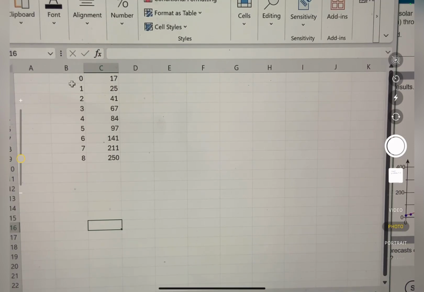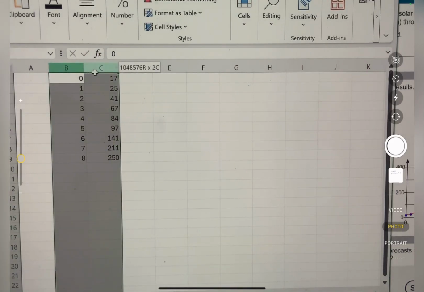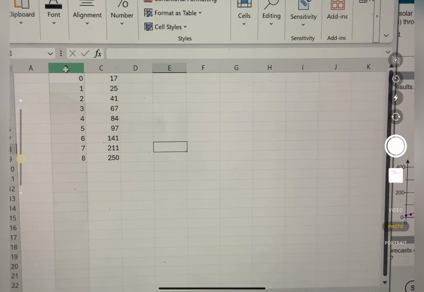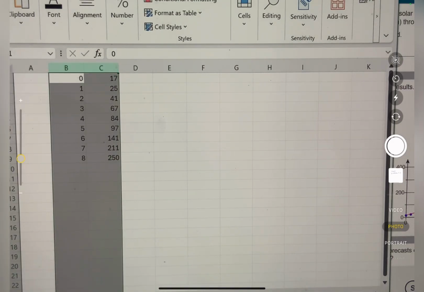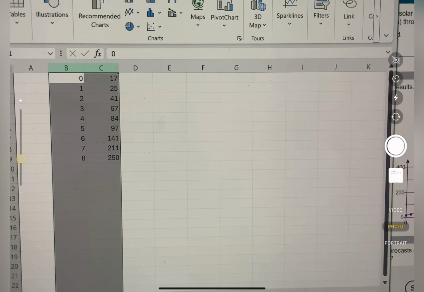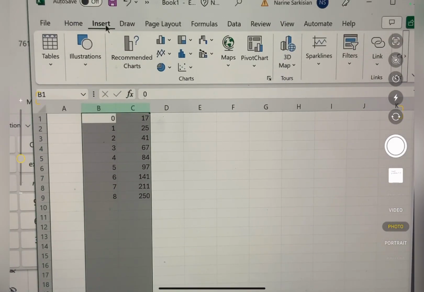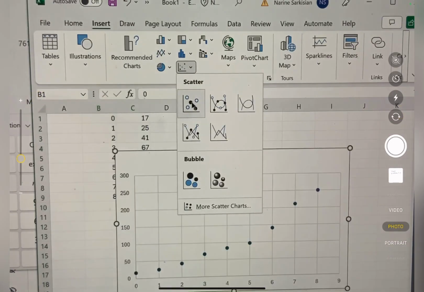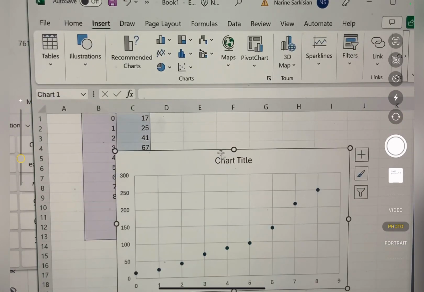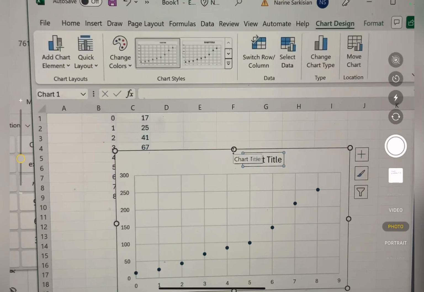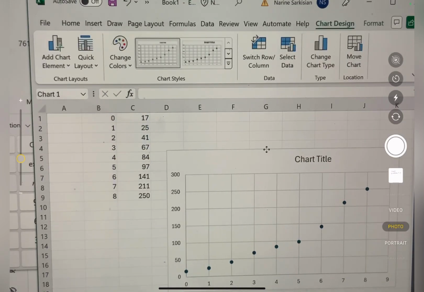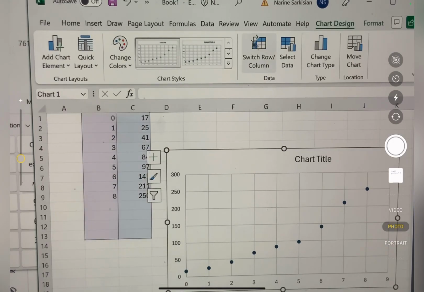So for now, what I'm doing, highlighting and insert. Hold on, let me bring down this so you can see. Here, I clicked on insert and choosing scatter plot. This one, moving here. Okay, and we need to have it with trend.